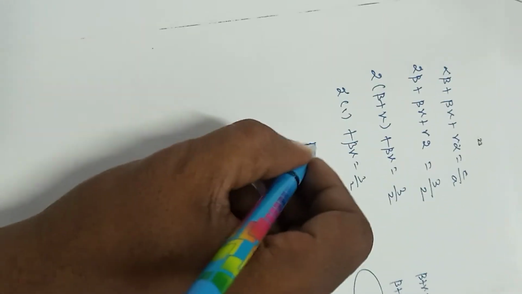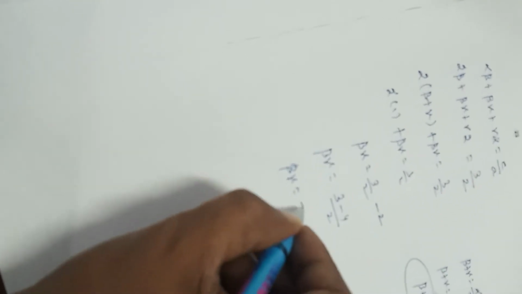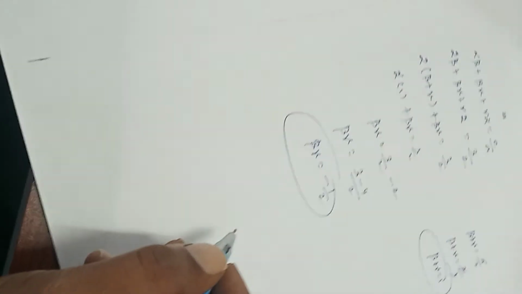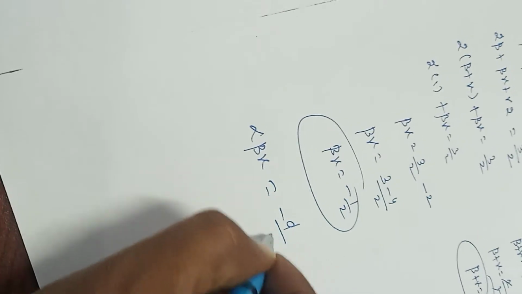Next, beta gamma is 3 by 2 minus 2, so beta gamma is equal to 3 minus 4 by 2, which is minus 1 by 2. That is the beta gamma value. Next, the product of the three roots, alpha beta gamma, is equal to minus d by a.